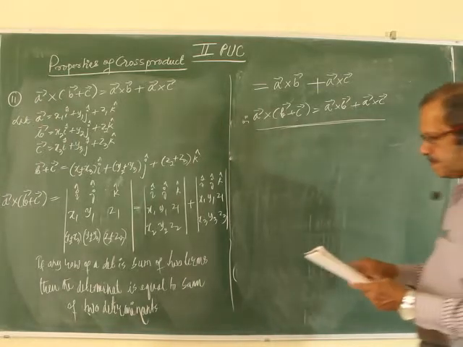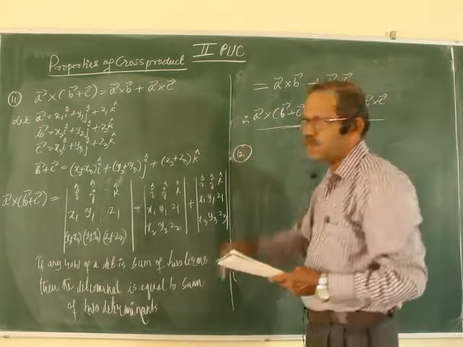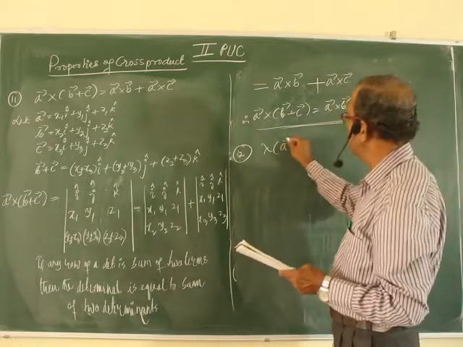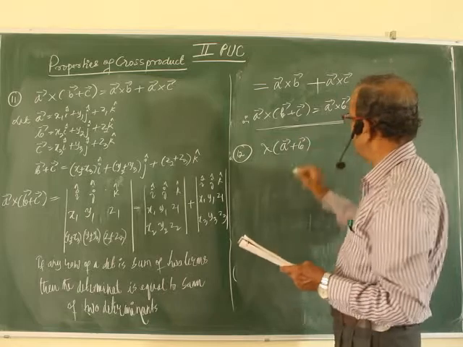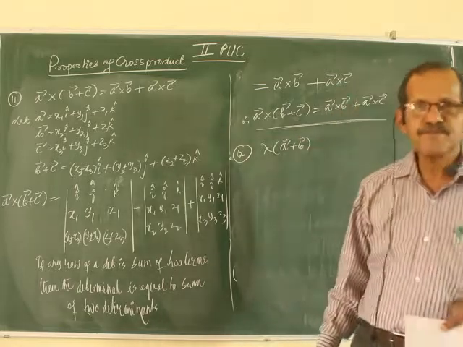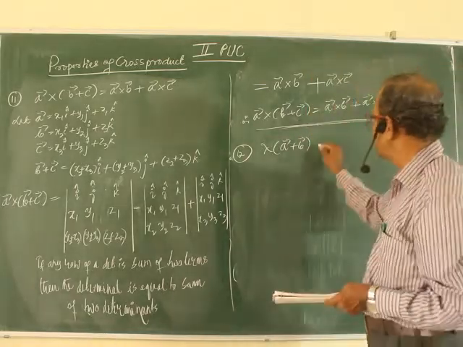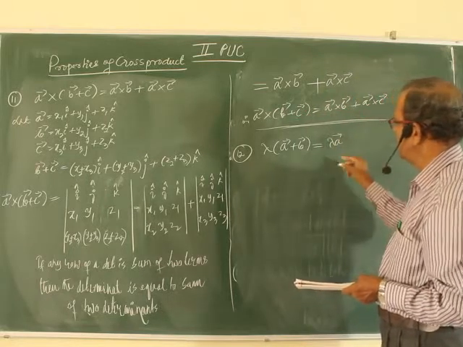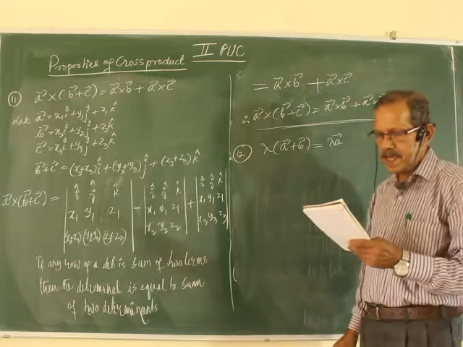And the last property is the 12th one. Lambda into (A cross B), where lambda is a number, a constant.